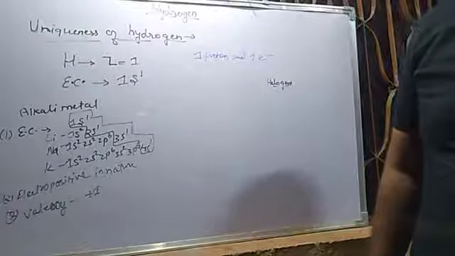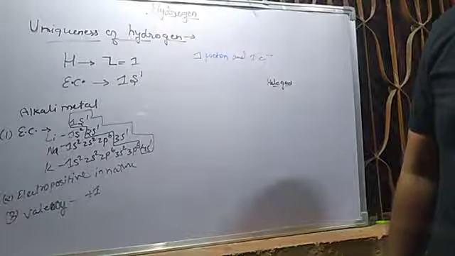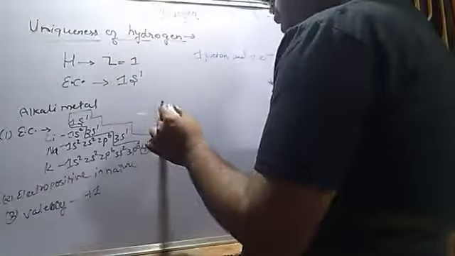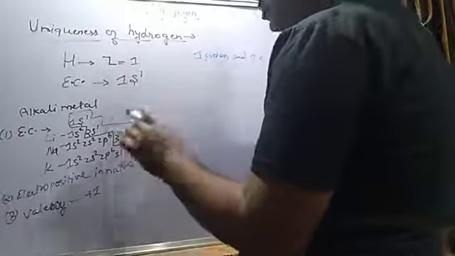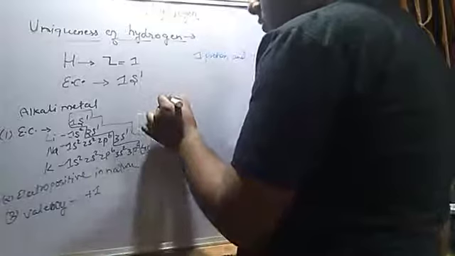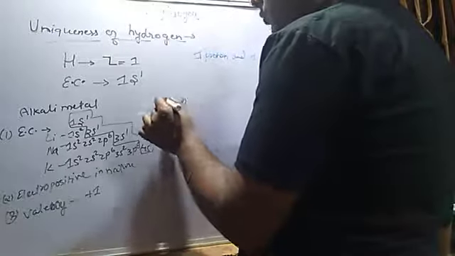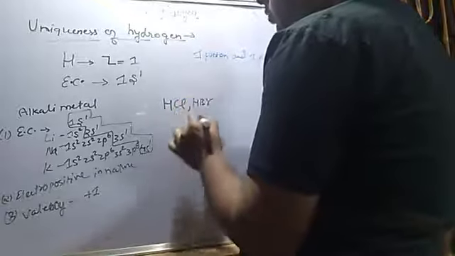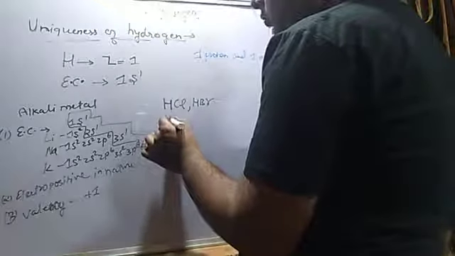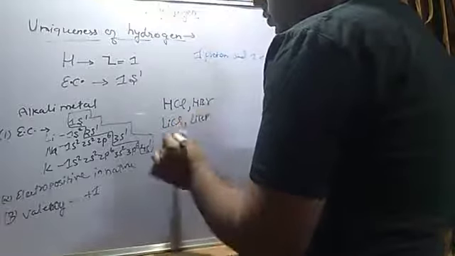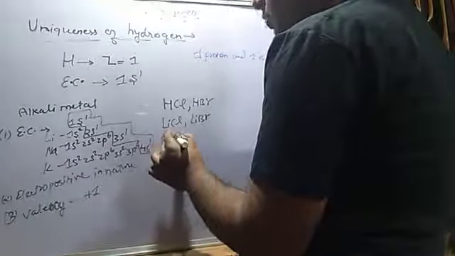And when it combines with electronegative elements, the combination is similar to that of the alkali metals. Such as when hydrogen is combined with halogens, it forms HCl or HBr. Similarly, lithium and sodium also form these kinds of compounds.